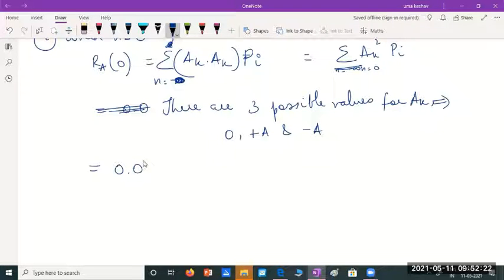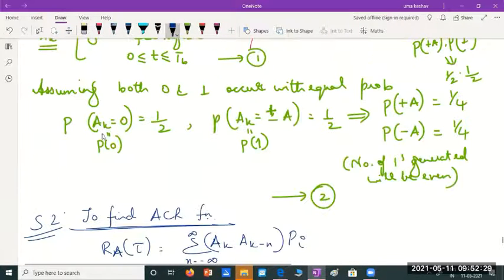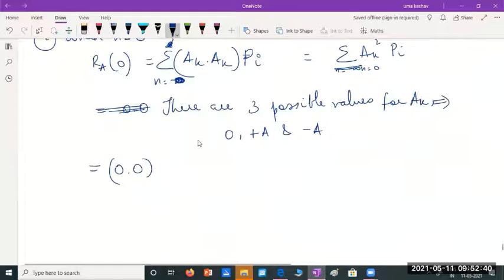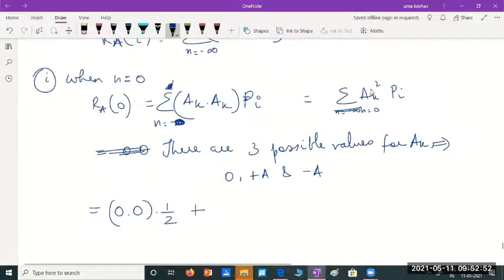And what is the probability? I should have AK square into Pi. What is the probability of a 0? We already have the probability of AK being a 0 as half. So in the first case, I'll substitute AK value as 0 into 0 and the probability Pi as half. In the second case, AK can take on the value plus A.